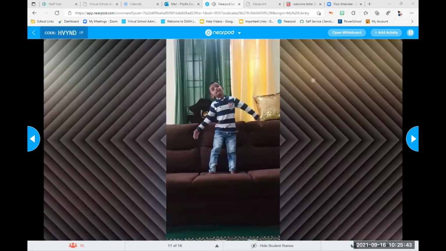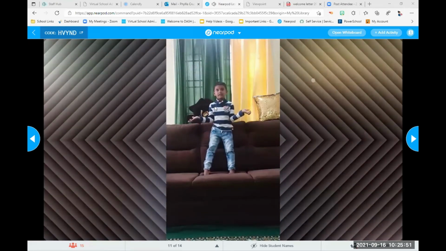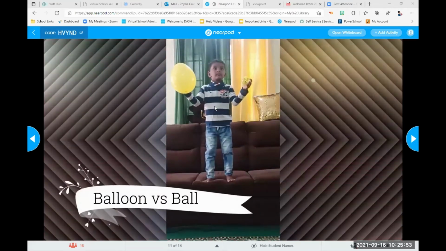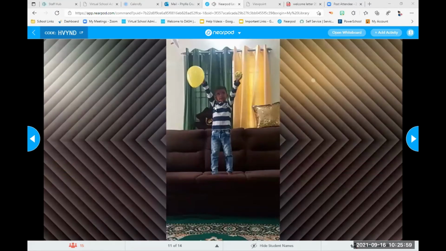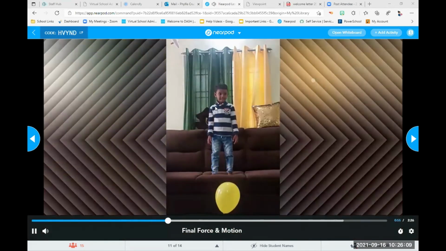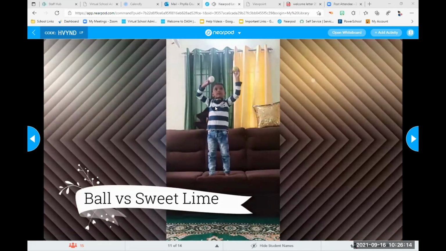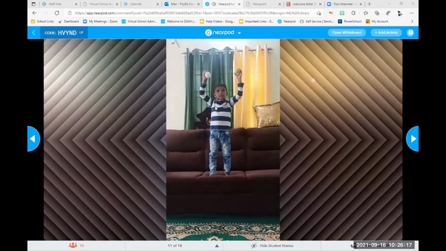Hi! Today we are going to do some experiment on gravity. Let's start it, guys. Okay, can you guess which one will fall down first? Shall we see? Okay, drop both objects at a time. Now can we see which one will drop down first? Okay, at a time, come forward. Okay, drop down.